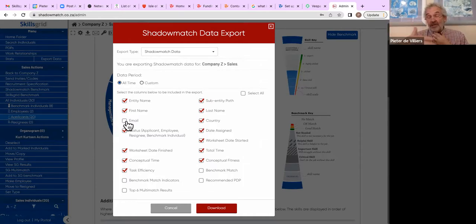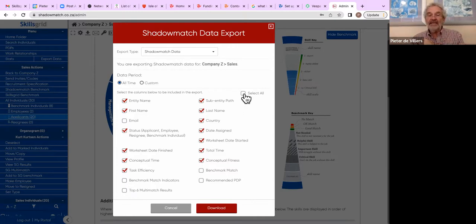The user must mark email, because we don't want to export emails onto a spreadsheet. And then benchmark match indicators, that must be marked. Then top 6 multi-match results. So we will match the individual to the best 6 matches that there is in the business, skills match.